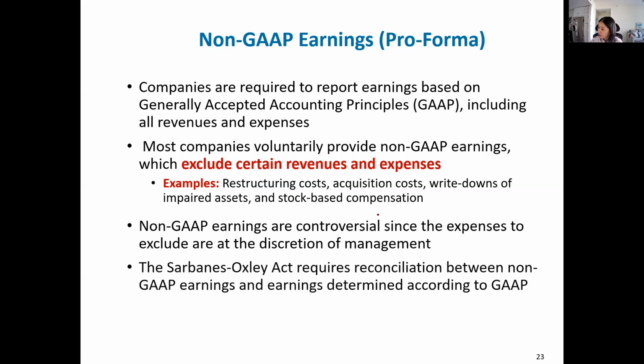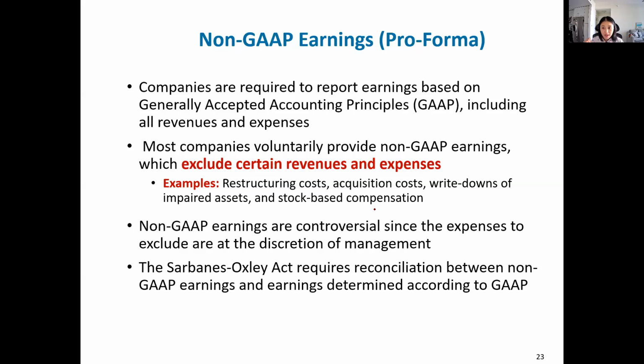The Sarbanes-Oxley Act in 2002, the one I talked about in week 1, realized the problem and addressed non-GAAP earnings in section 401. One of the act's important provisions requires that if non-GAAP earnings are included in your report filed with the SEC, or in any public disclosure or press release, the company must also provide a reconciliation with earnings determined according to GAAP.